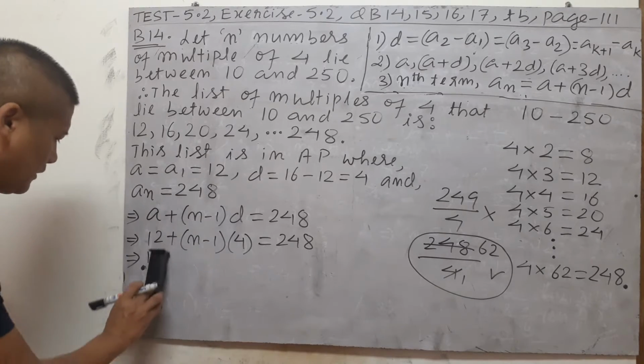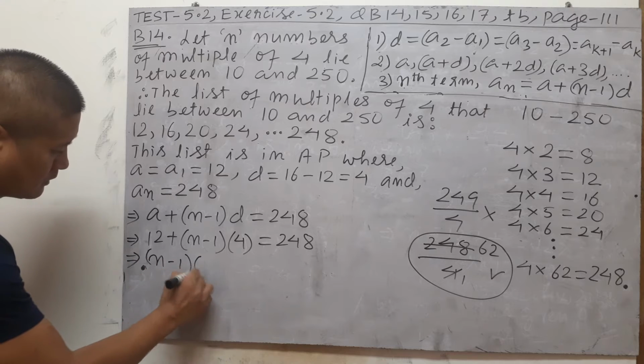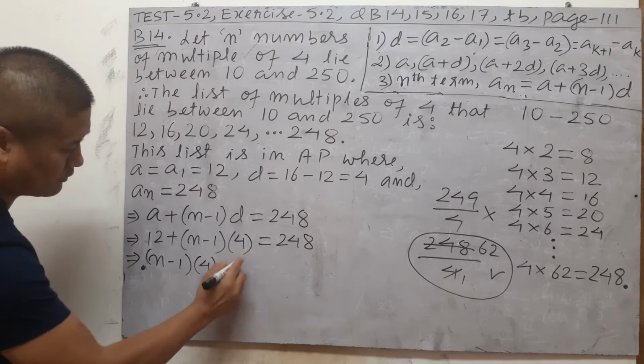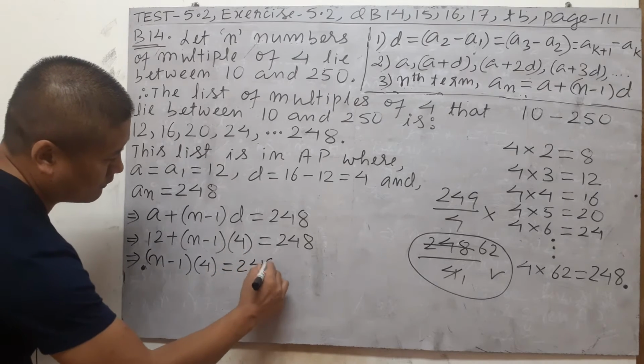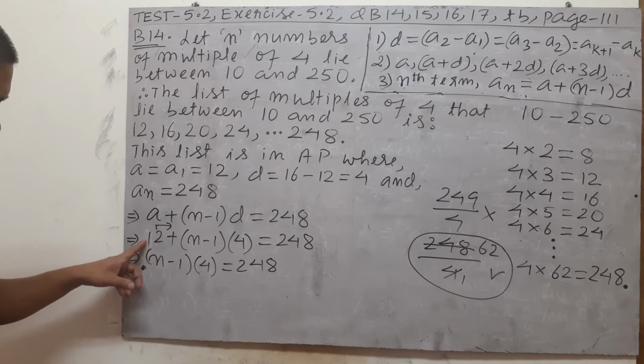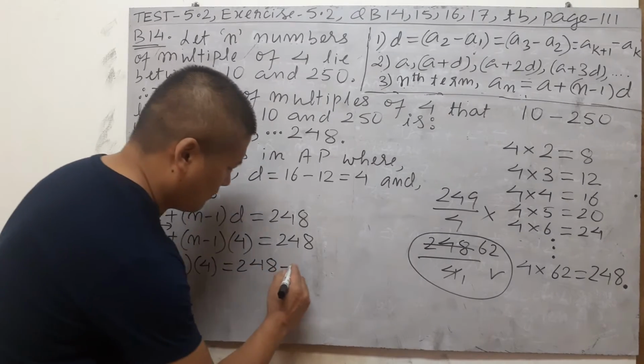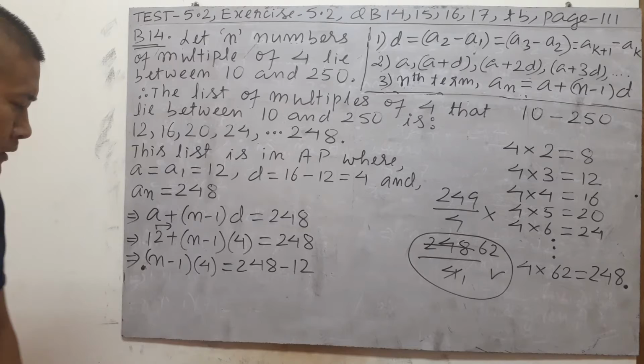So here I think now we can write n minus 1 into 4, this one same and this also same, you write, and then shift this. No sign in front of 12 means plus, so we shift it to the right side, it becomes minus 12.